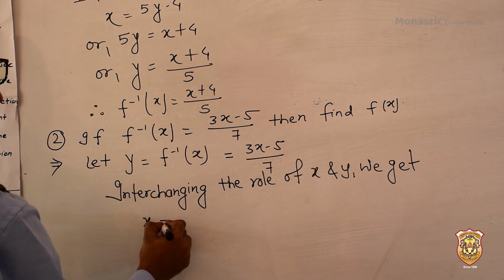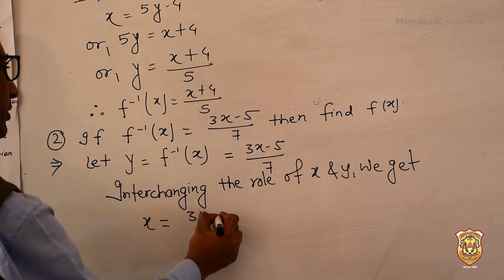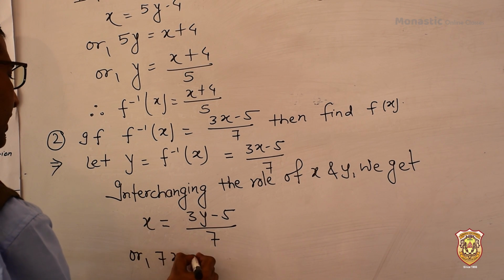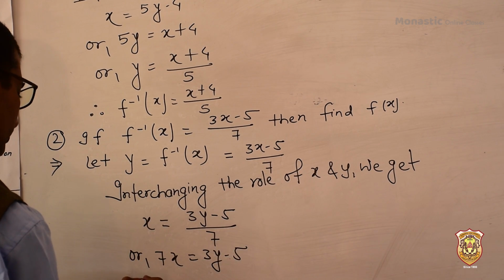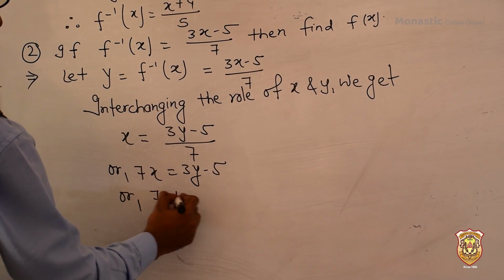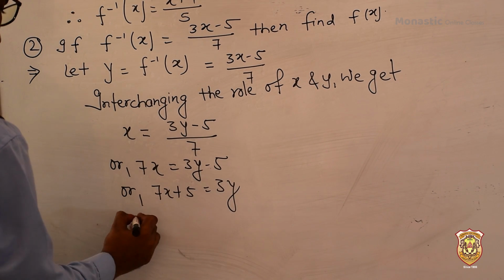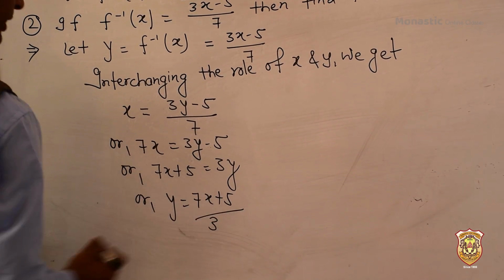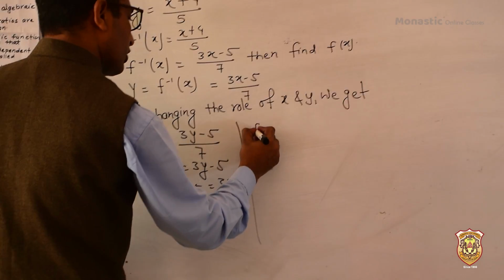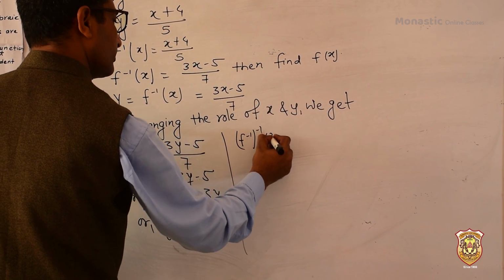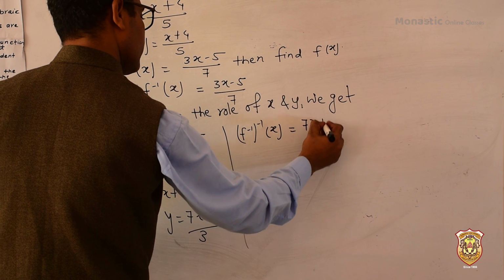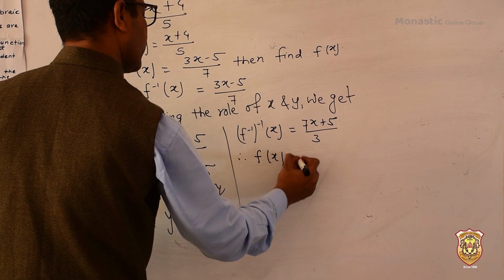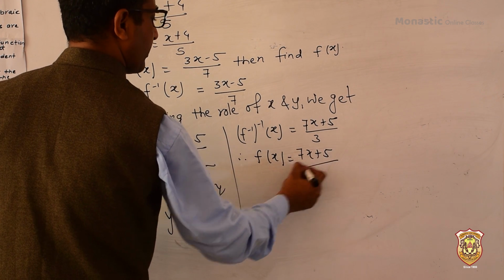In place of y we can write x, and in place of x we can write y. Do the simplify and find the value of y. Change the side. Value of y, whatever came, that's the inverse of inverse. Therefore, f of x is 7x plus 5 by 3.